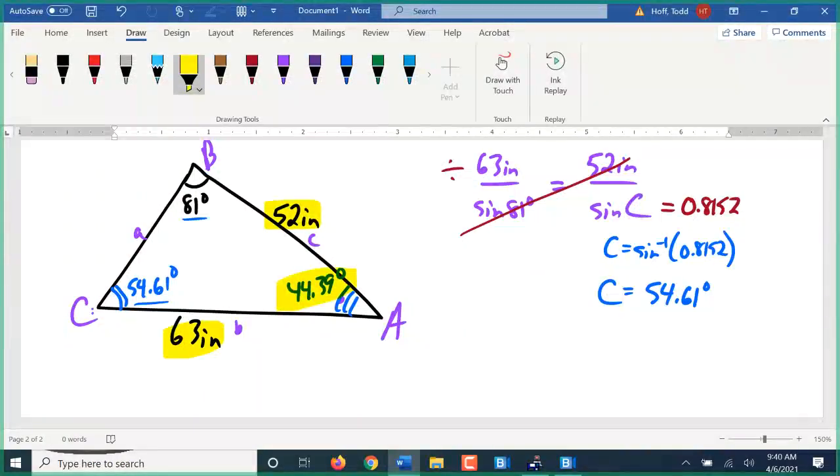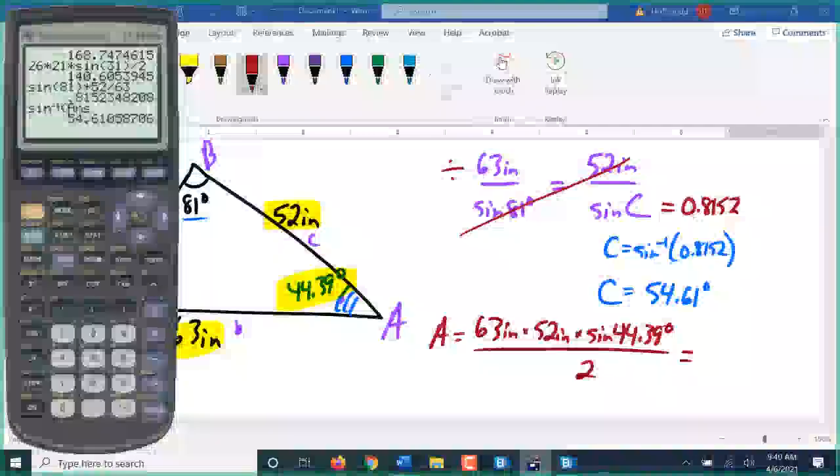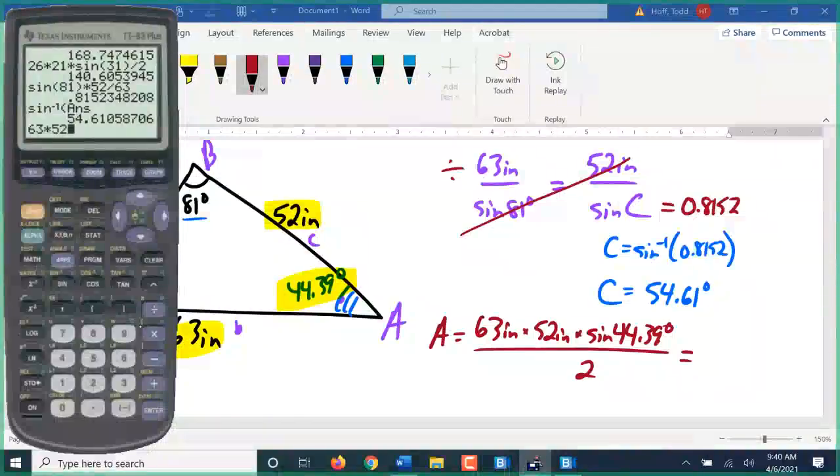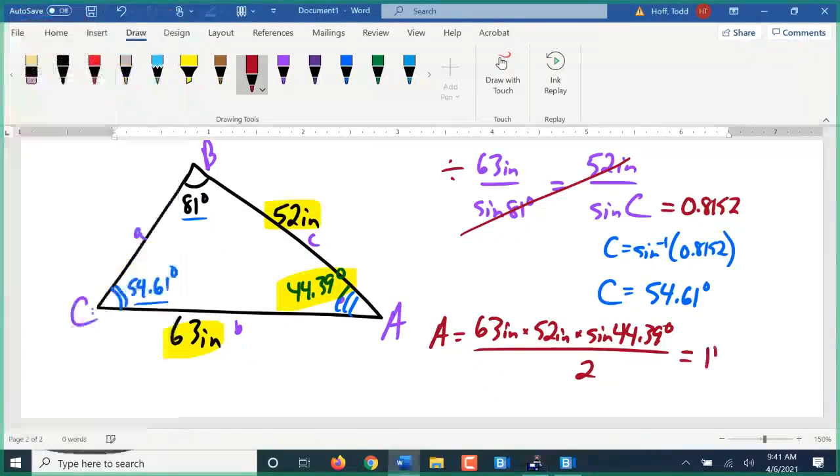So now we can find the area as 63 inches times 52 inches times the sine of that included angle, so sine of 44.39 degrees, divided by 2. So 1145.84. That is inches squared.